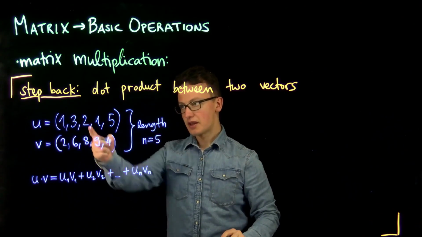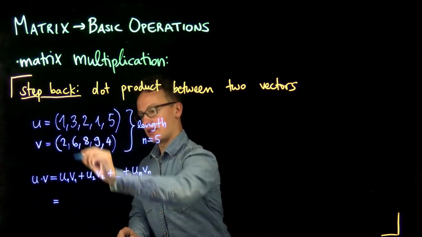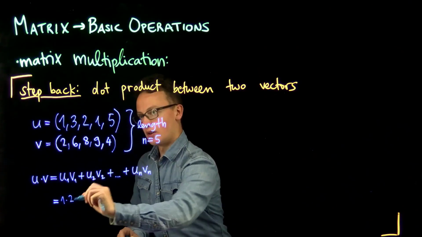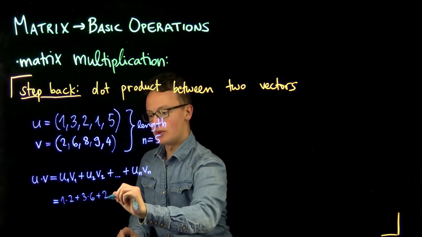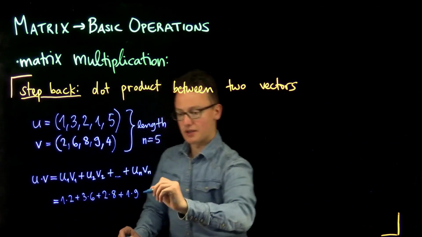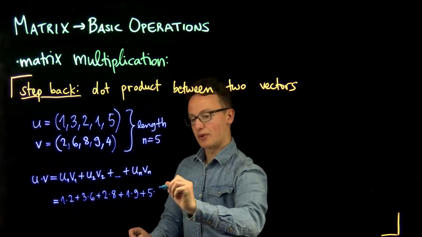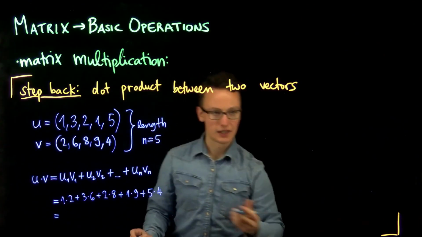So in this case, we could compute this concretely as 1 times 2 plus 3 times 6 plus 2 times 8 plus 1 times 9 plus 5 times 4. And if we evaluate this, this will give us a particular number.